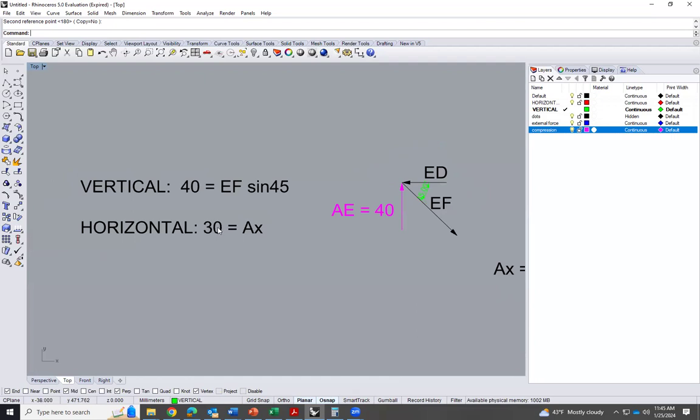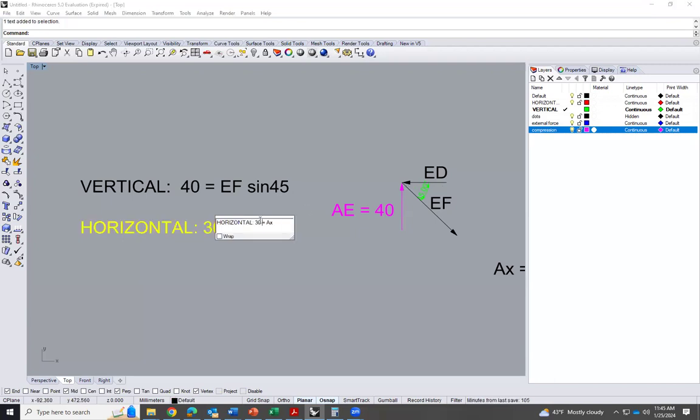So horizontally, what do we have? What is it that goes left? ED. And what is it that goes right? It's the horizontal component of EF. So that would be EF, horizontal component, cosine 45.